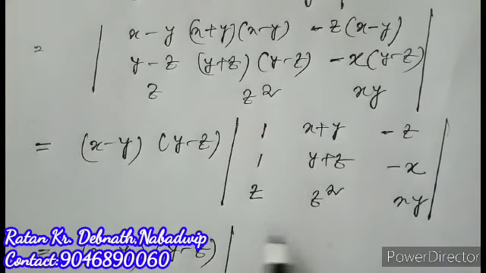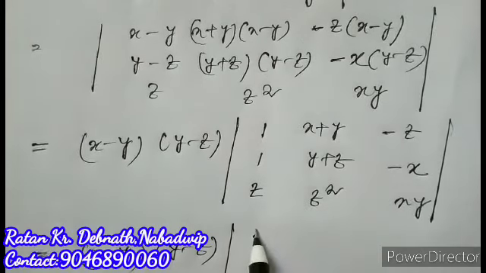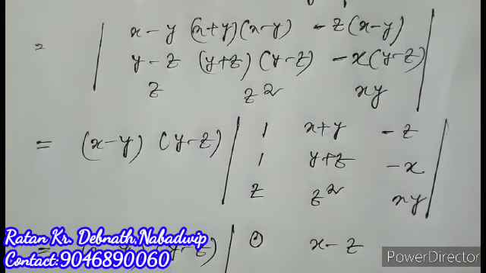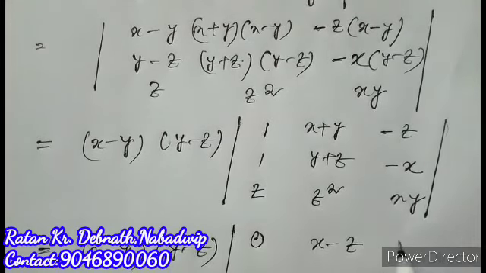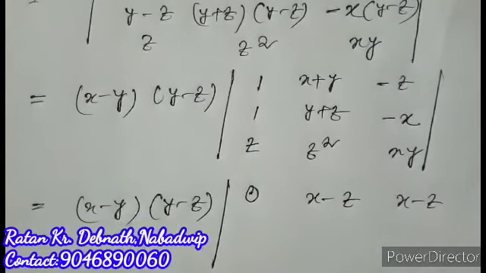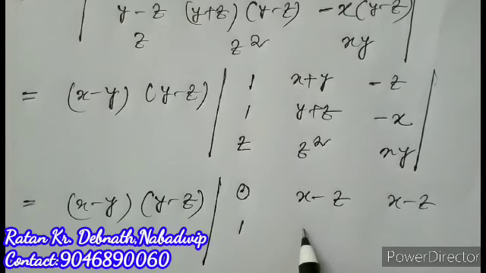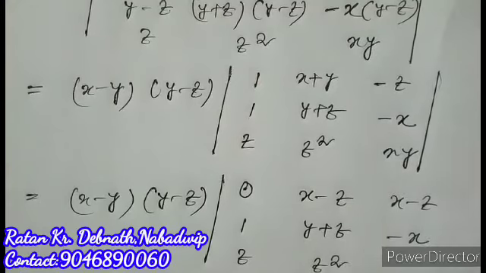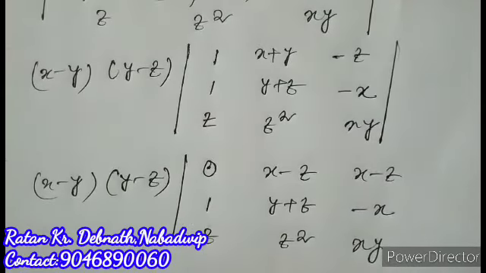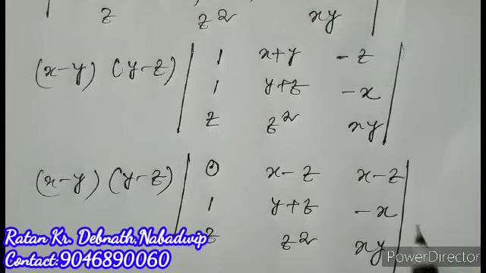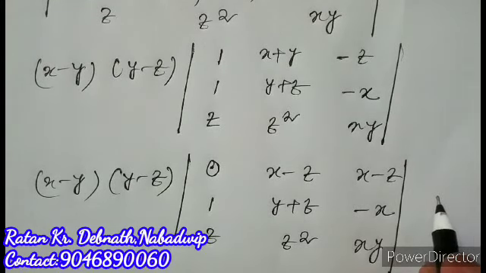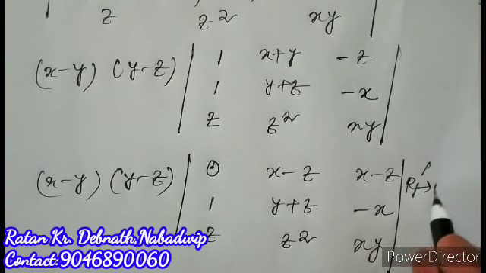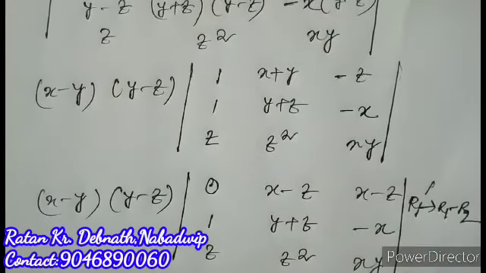Now subtracting the second row from the first one, we get 0, x minus z, here also x minus z, 1, y plus z minus x, z, z square xy. Which operation did I do here? R1 prime changed to R1 minus R2.